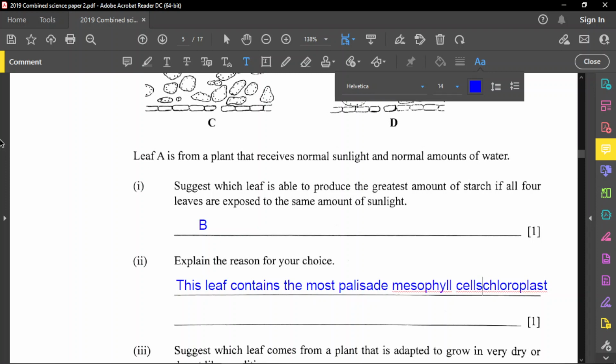And also I want to make a note right here, which contain the most chloroplast, all right?